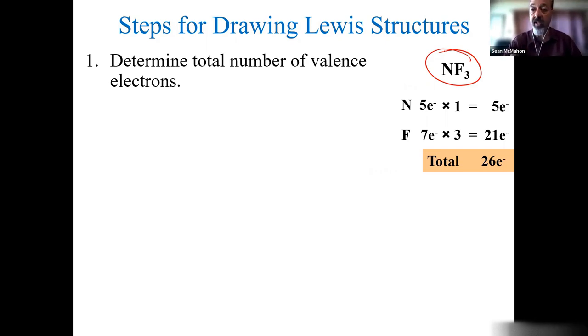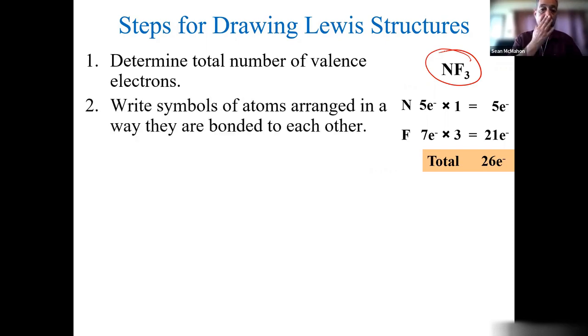Well, it's covalent because it's only nonmetal with nonmetal, nitrogen and fluorine. It's binary because there's only 2 types of atoms, nitrogens and fluorines. It's a compound because it's neutral.